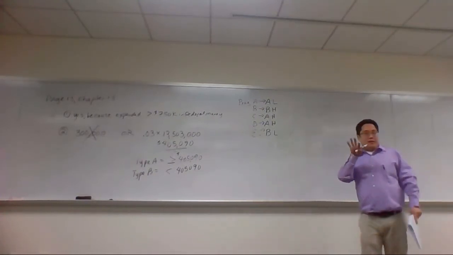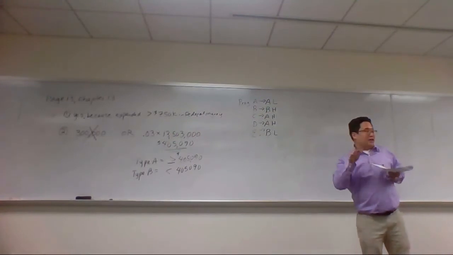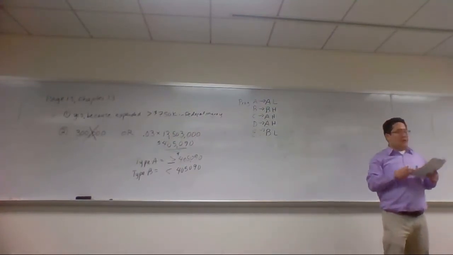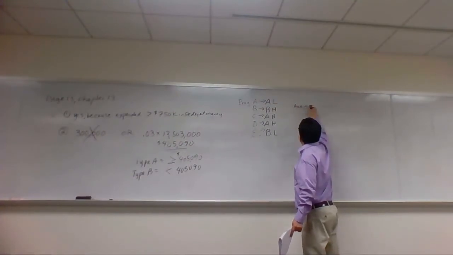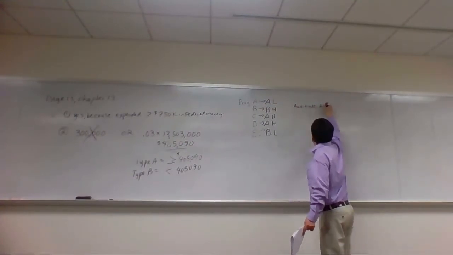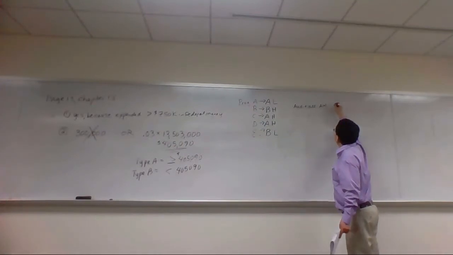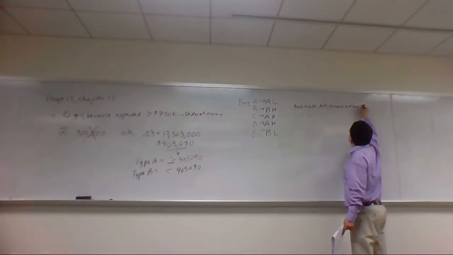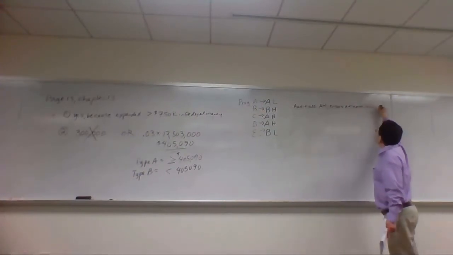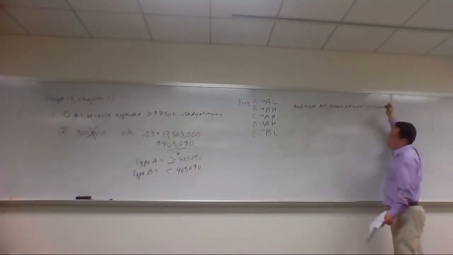So this is where there's a lot of different variations of the rule. Okay, so the rule that I want you to know is: audit all A high, ensure at least 50% coverage. This is the general rule.